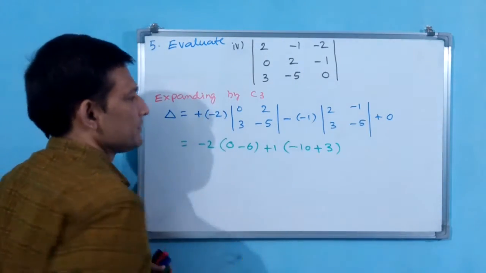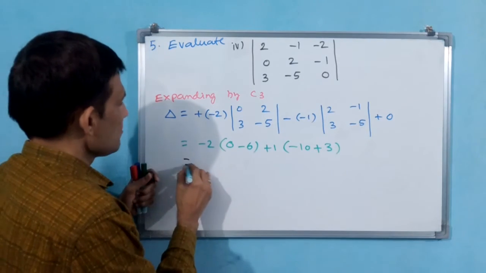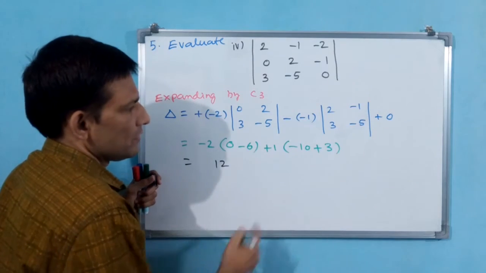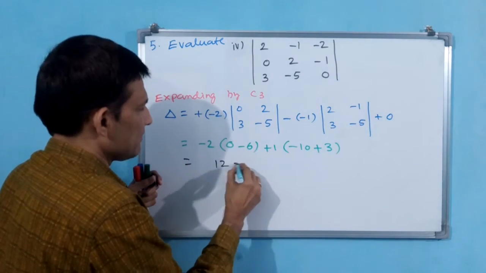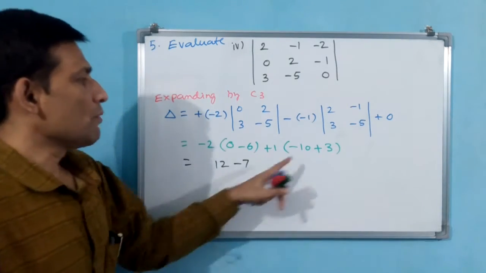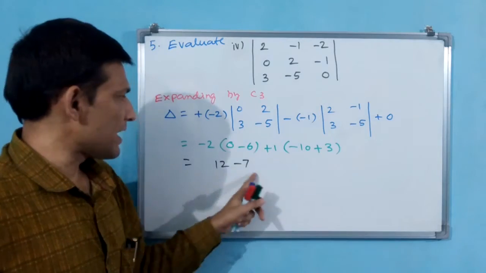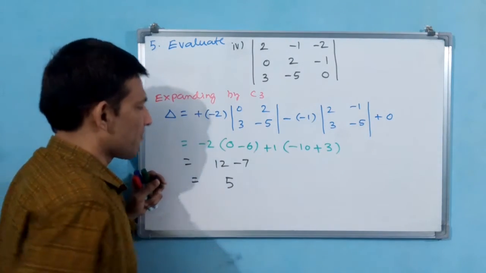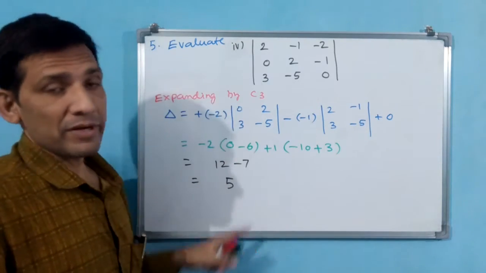Okay, now you see minus 2 into minus 6, 12, minus 7 into 1 minus 7. Is it okay? First you see minus 10 plus 3 minus 7, minus 7 into 1 minus 7, 12 minus 7. Okay, what will be the answer? 12 minus 7, 5. This is the value for this your determinant value.